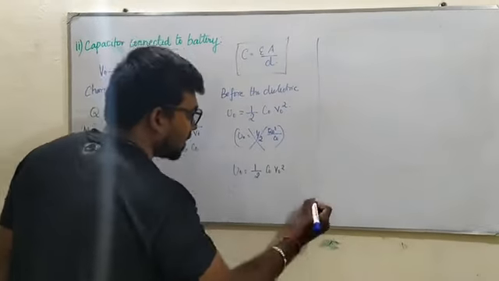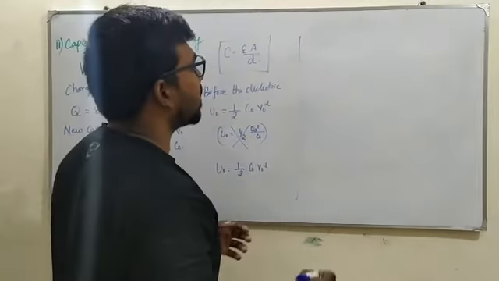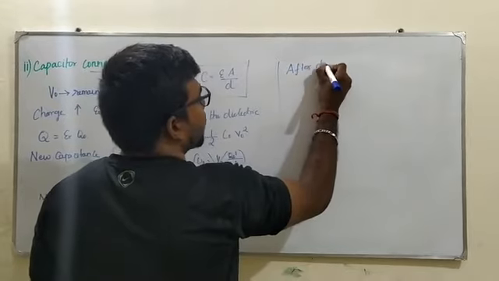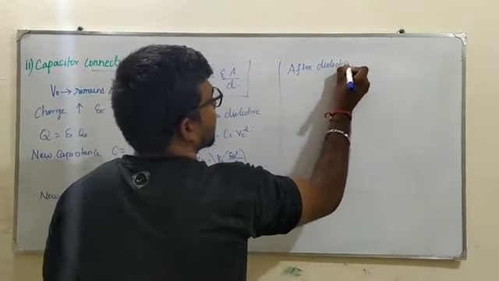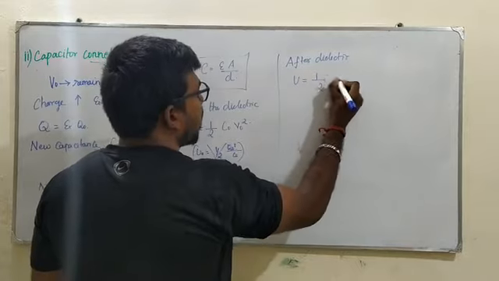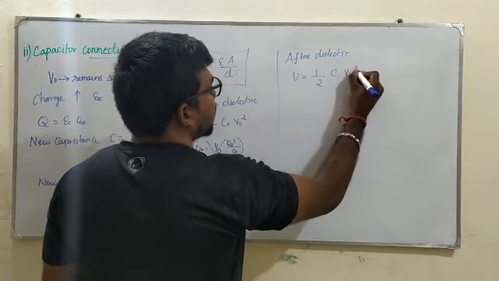So after introducing the dielectric medium, the energy stored can be written as U equal to 1 by 2 C V naught square.